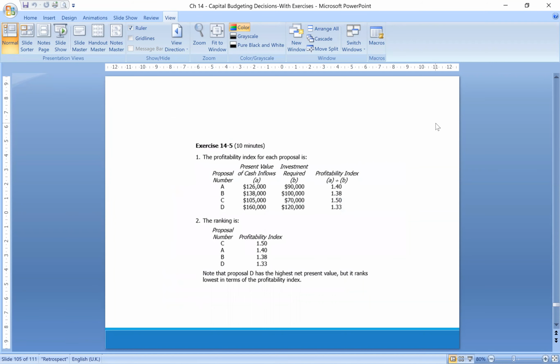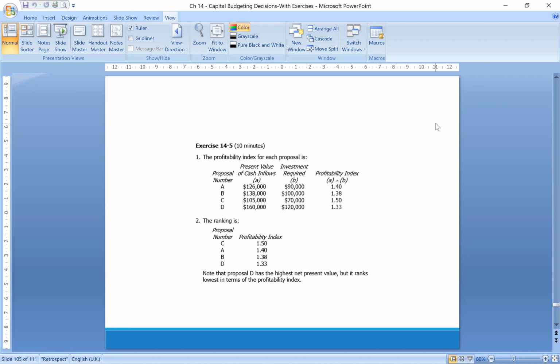This will give me the 90, the 36 for A, B, C, and D. According to the formula, be careful that you use the net present value, not the present value of the cash inflows.